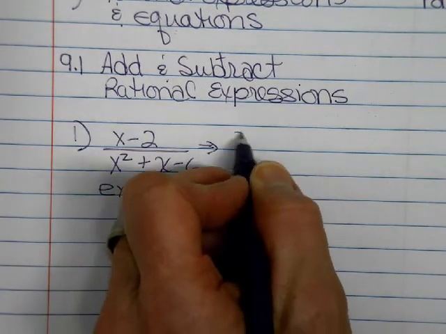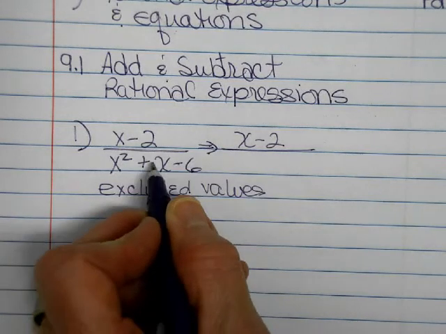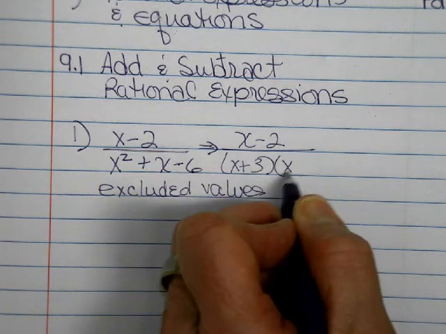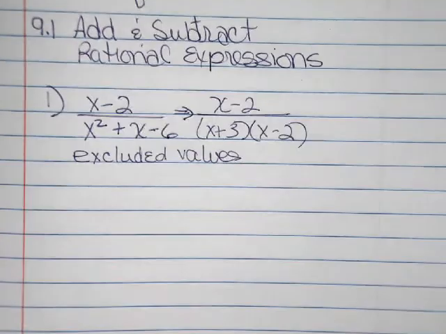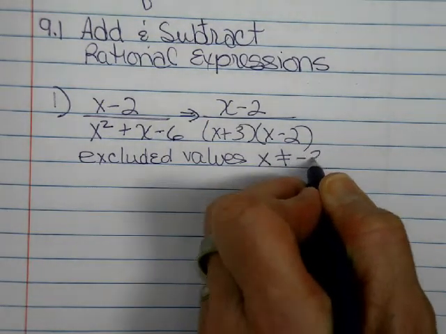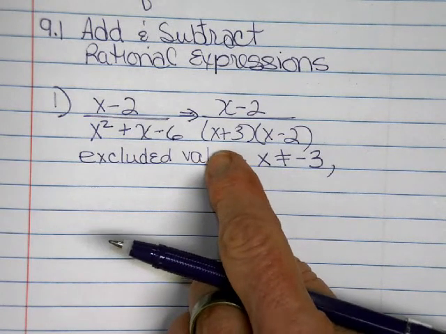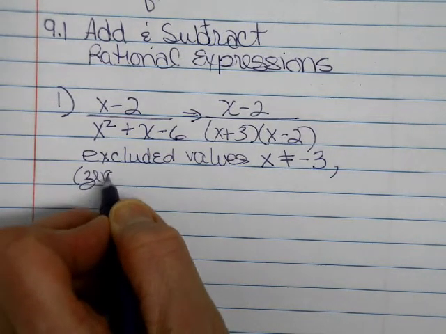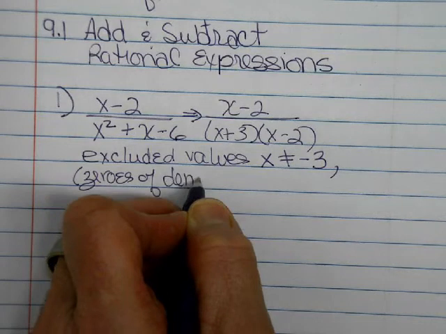To find that, you must factor first. Factors of 6 that when subtracted give me 1. And this is where I find my excluded values. x cannot equal -3, because it's what makes the denominator 0. So these are the zeros of the denominator.